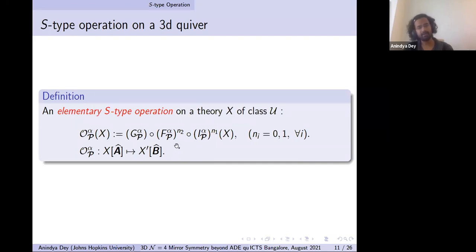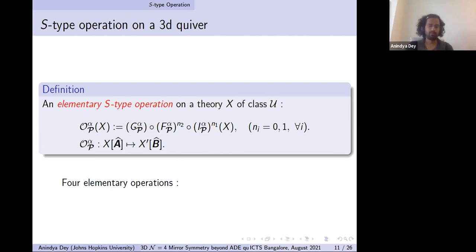And then finally, at the end, you gauge it. N1 and N2 could be 0 or 1, which means all the possible things you can think of. I'll classify them in a second. But this is what defines an elementary S-type operation. And just like Witten's S operation, this takes you from one SCFT, which has a UV Lagrangian X, to a new SCFT with a different Lagrangian X prime.